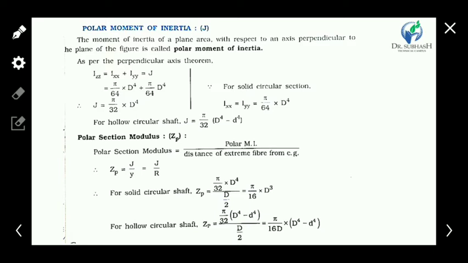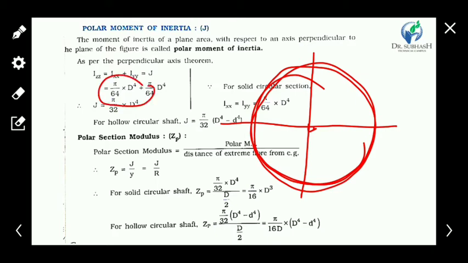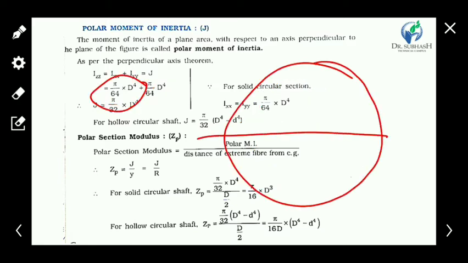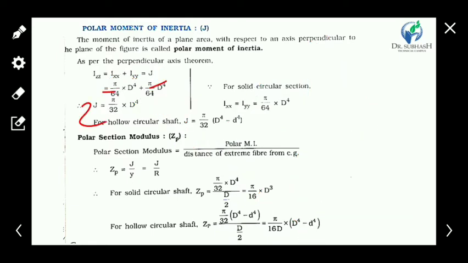Now for a shaft, the moment of inertia of a circular section about the x-axis or about the y-axis is the same, pi by 64 into d raised to 4. So pi by 64 d raised to 4 about the x-axis and pi by 64 d raised to 4 about the y-axis. Now the summation is 2 pi by 64 into d raised to 4.